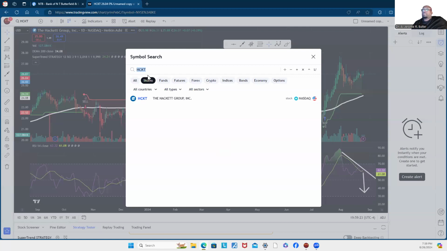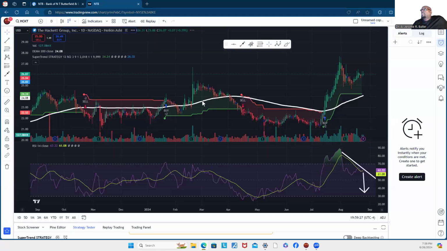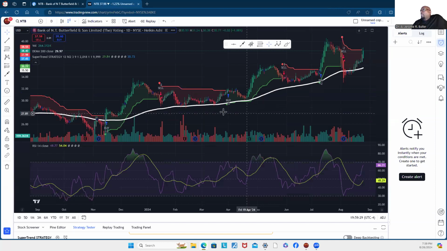Okay, let's take a look at NTB. And so, like I said, as far as we're looking at the annual on this, it's a great stock if it was something that we were going to stick with long term, not very pricey. It closed out today at 38.40. You can see it is gapping up.